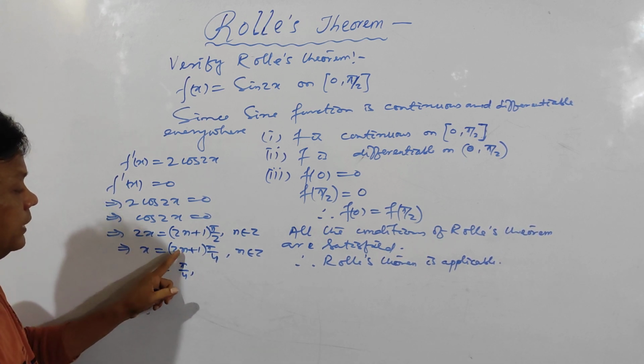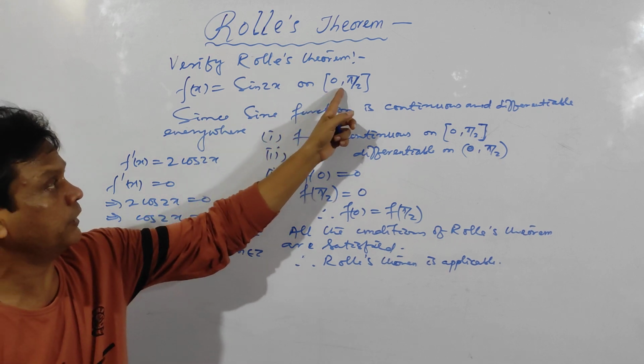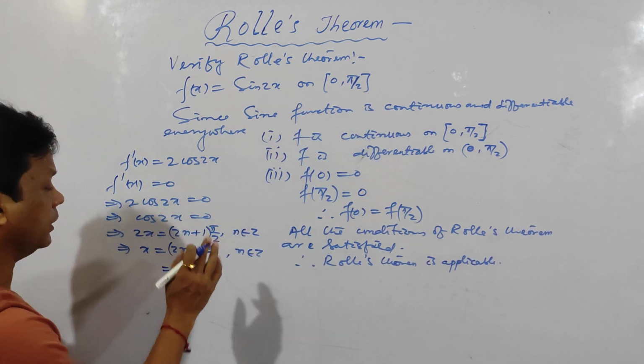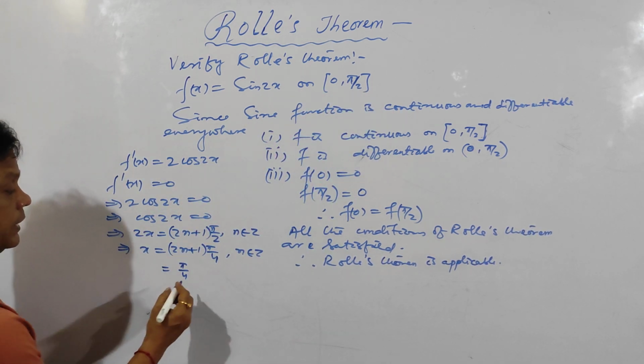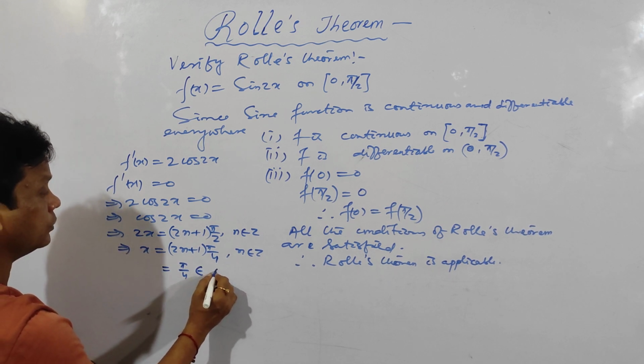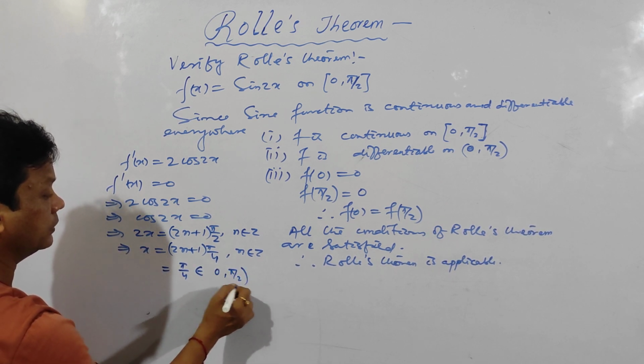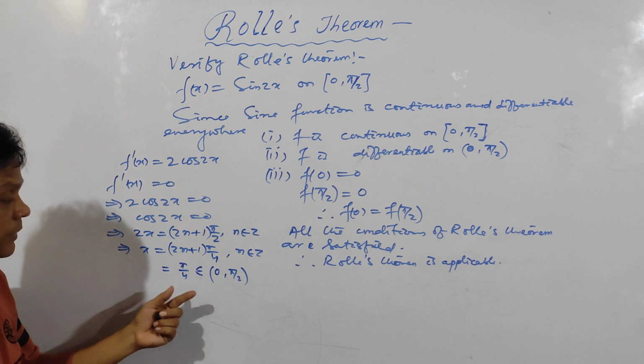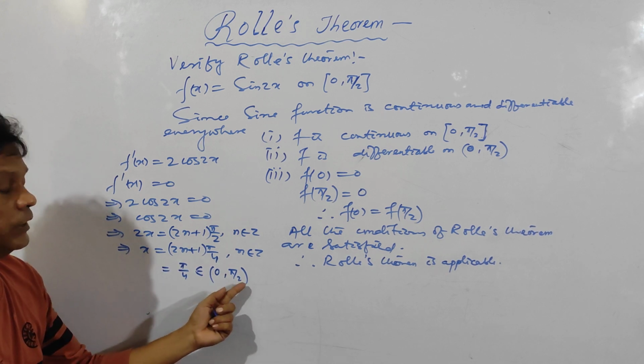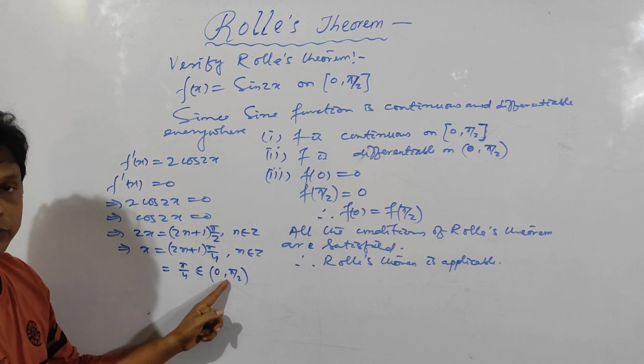If you put n is equal to 1, it is 3 pi by 4, and 3 pi by 4 is greater than pi by 2, so you should not consider other points. This point belongs to the open interval 0 to pi by 2. Clear? That means this is 45 degrees and we have been given 0 to 90, so 45 lies between 0 and 90.